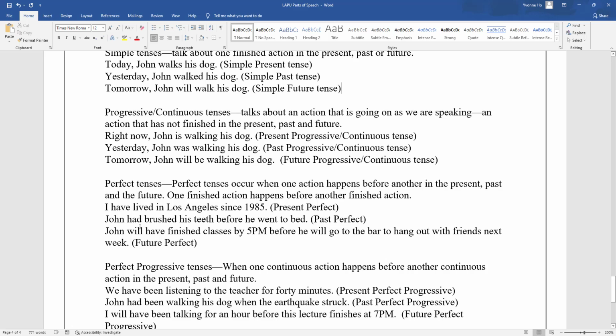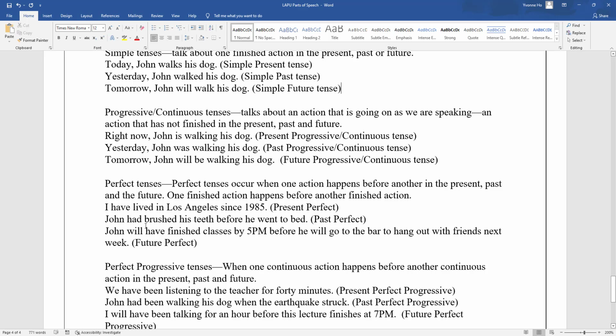And then John had brushed his teeth before he went to bed. So whenever you have had plus a past participle, brushed, then that's the past tense that's further back into the past than the simple past. Okay, so that's the difference between the simple past and the past perfect.